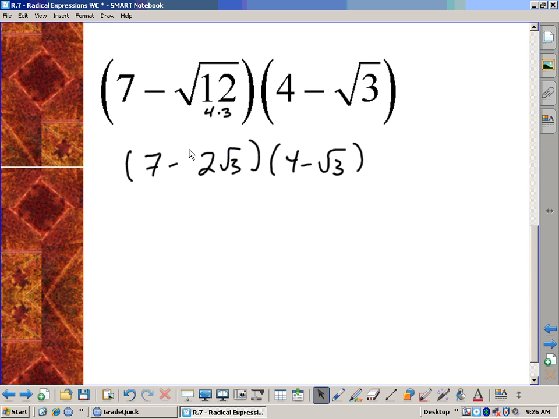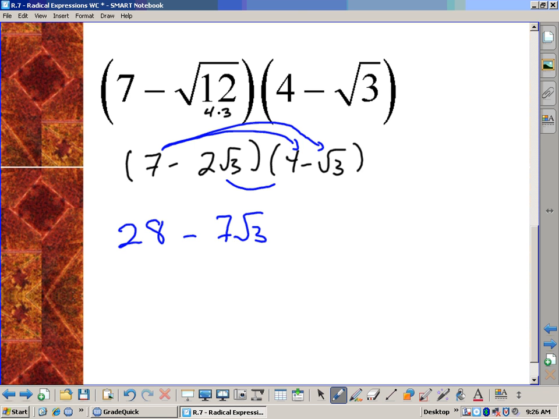So again, you're going to multiply out 7 times 4 and get 28. Multiply 7 times negative 3. Get a negative 7 radical 3. Multiply a negative 2 radical 3 times 4, so I get a minus 8 radical 3. And then do the same thing back here, and I'm going to get a positive 2, and then times 3, so square root of 3 times square root of 3 is 3.